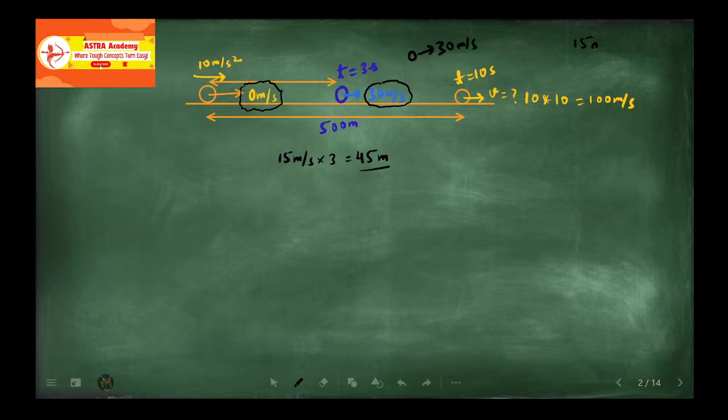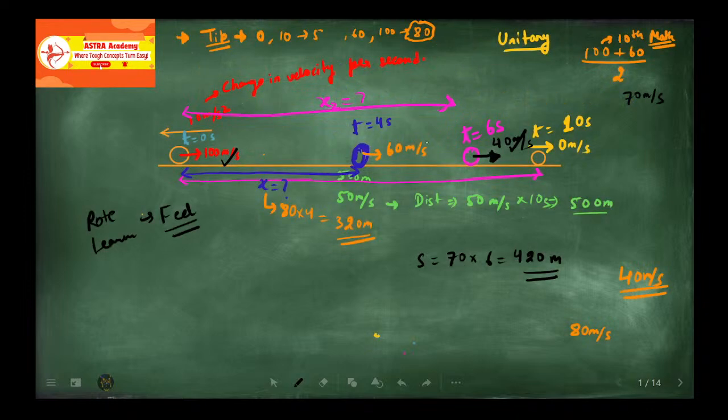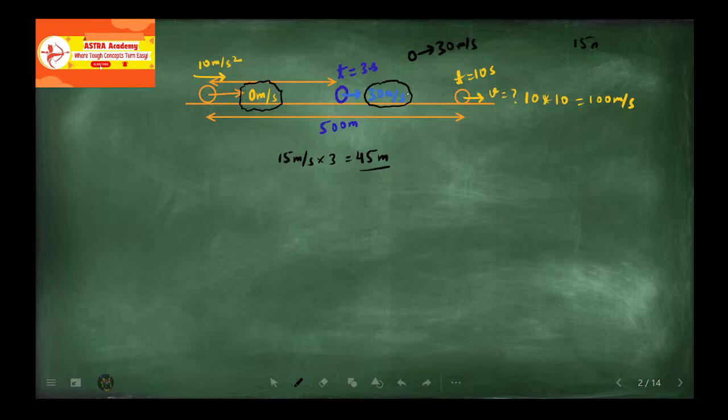Here it is not decreasing from 100 like the previous case. Here it is increasing from 0 to 30 meter per second. Since each second the speed is increasing by 10, in 3 seconds it will increase by 30. That is the point.